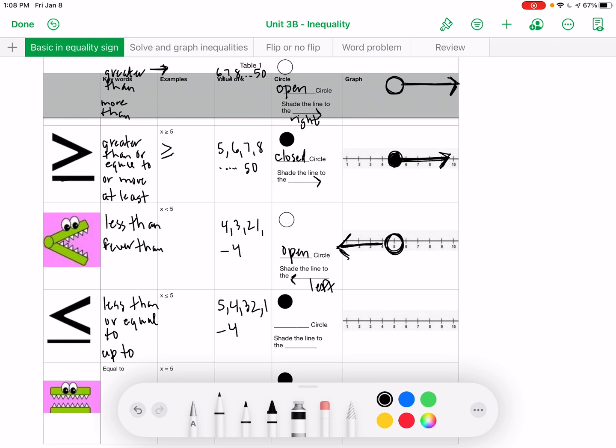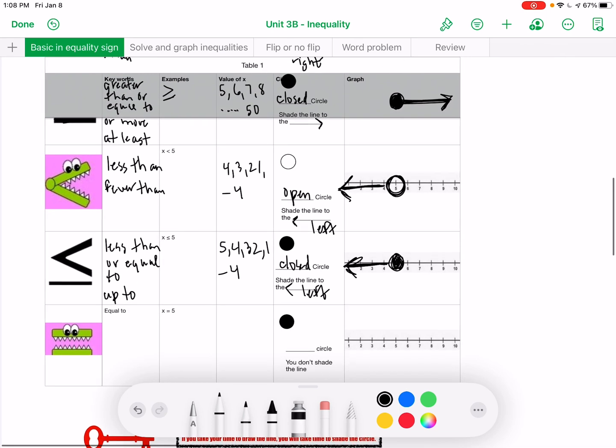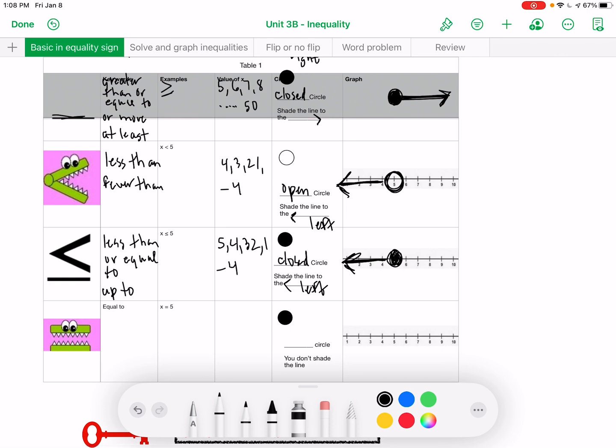It's including 5, so it's going to be a closed circle, and the arrow is pointing to the left, so we're going to indicate the 5, shade it in, and then make our arrow to the left, because the value of X is less than or equal to 5. Lastly, it is equal to.